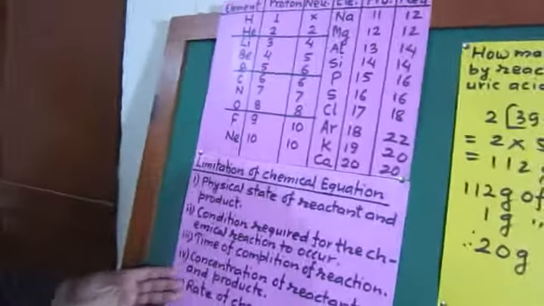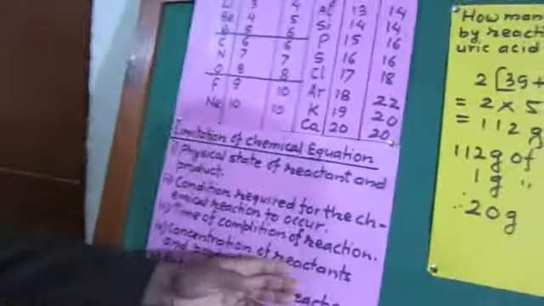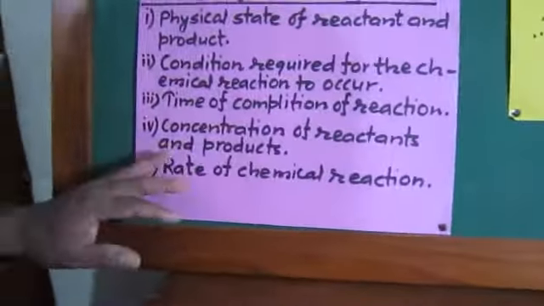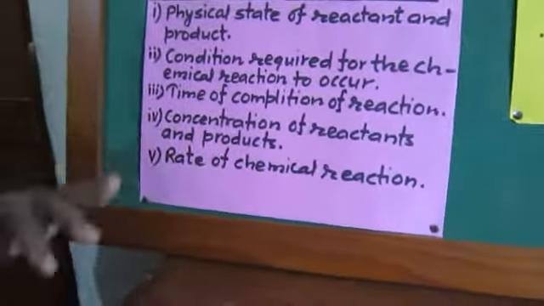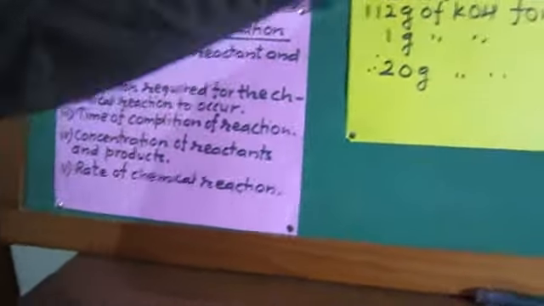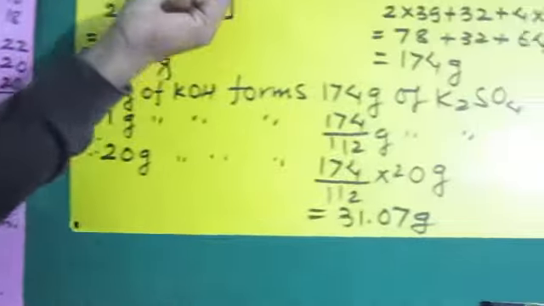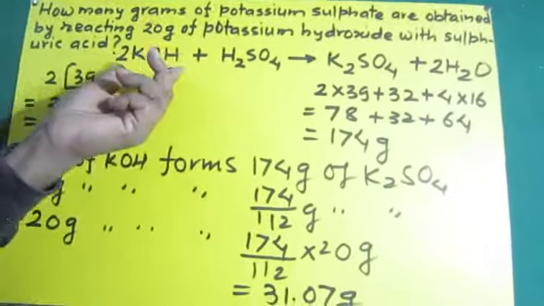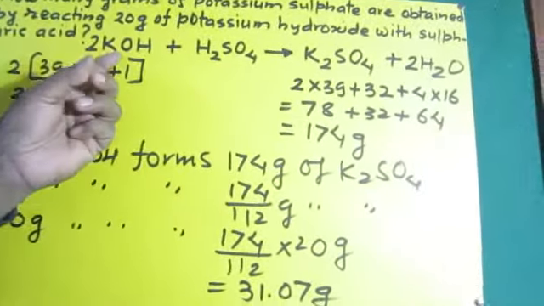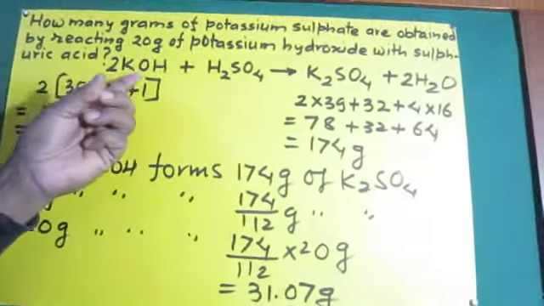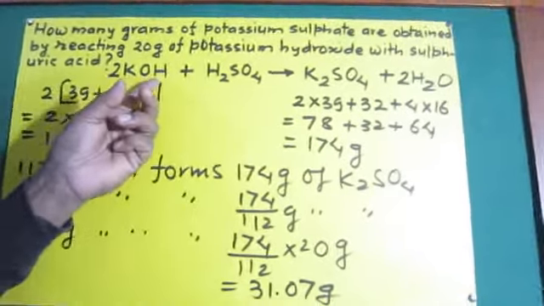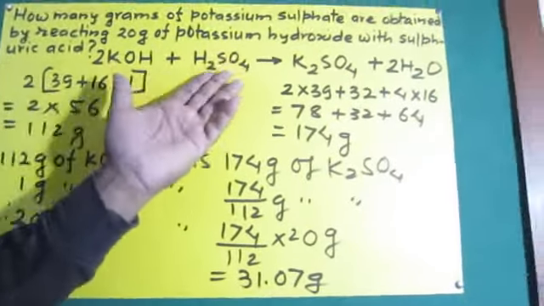In the same way, the concentration of reactants and products cannot be represented by a chemical equation. Here, potassium hydroxide, let's say it is in the form of solution. If it is a solution, then what percentage of solution is used? Is the concentration 20%, 30%, or, for sulfuric acid, which concentration is used?